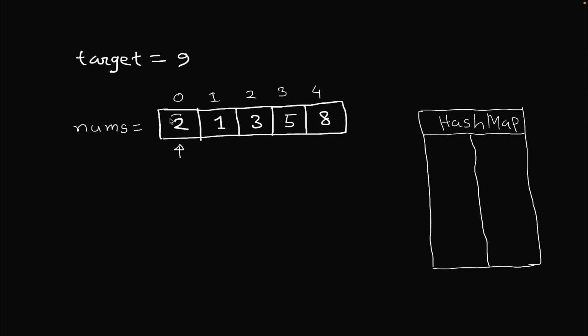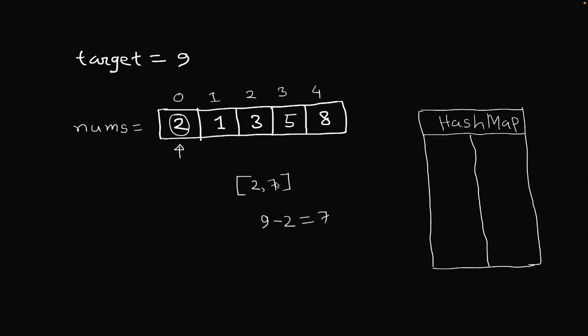We're going to assume this 2 is part of a pair that adds to the target 9. So if one value of the pair is 2, what we should have here is 9 minus 2, that is 7, right?